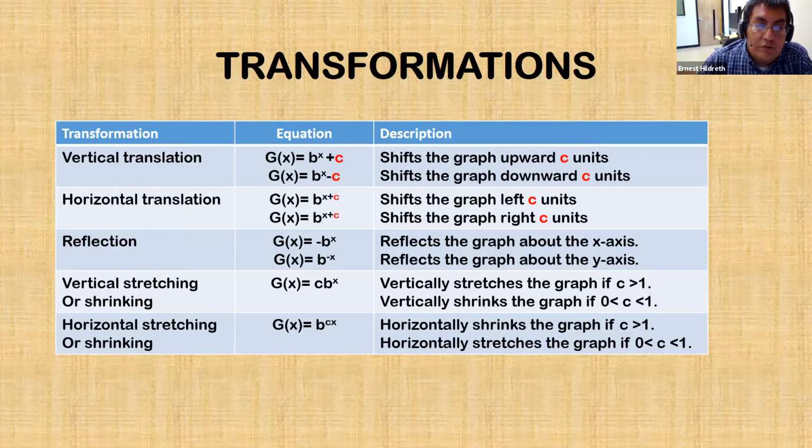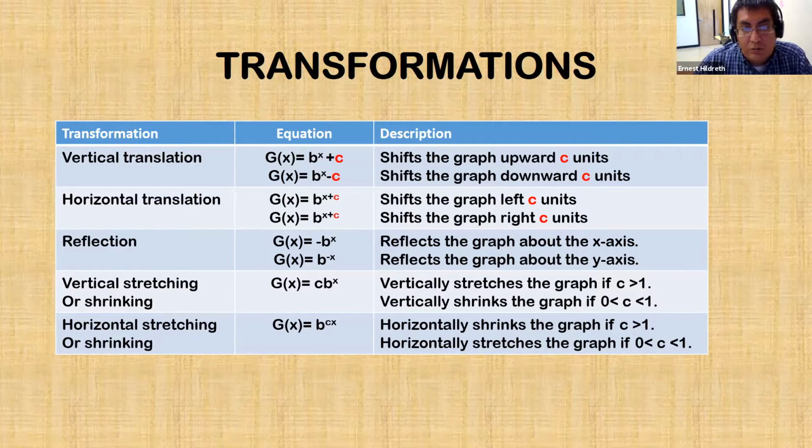In order for the shifts, reflections, stretching or shrinking to happen, they have to follow certain rules. In the middle of my chart, it gives the equation to show how they would change. Usually it is done by addition or subtraction to the equation, and also multiplication or the exponents.